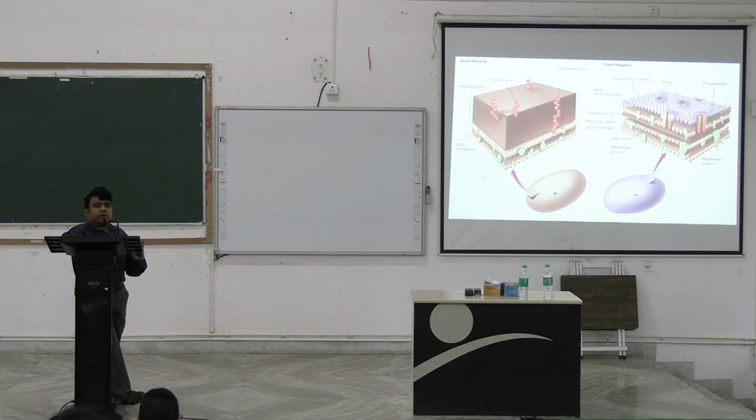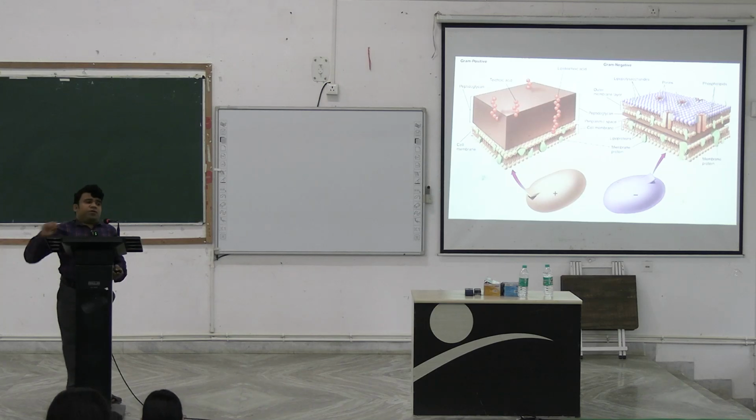As the name suggests, lipopolysaccharide will have lipid, phosphate, and saccharides. And this lipopolysaccharide layer gives the virulence to the gram-negative bacteria. In gram-negative infections, there is something called endotoxemia, or toxin. So this acts as the toxin.